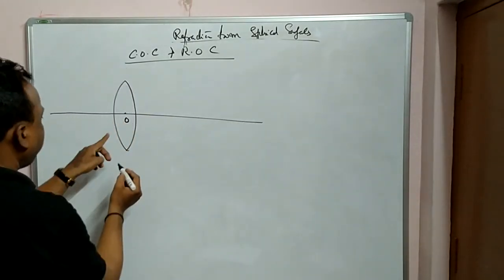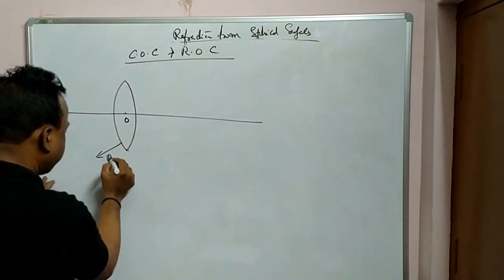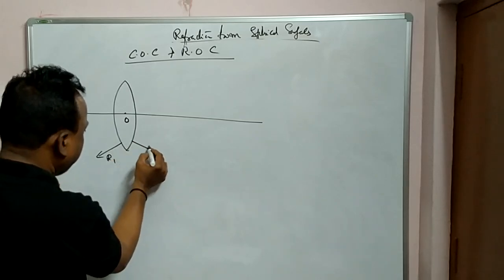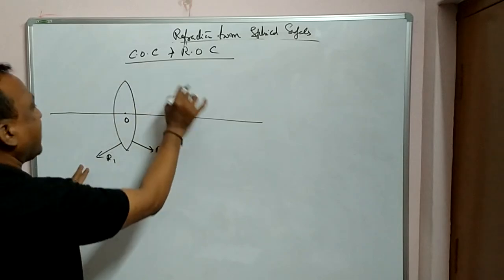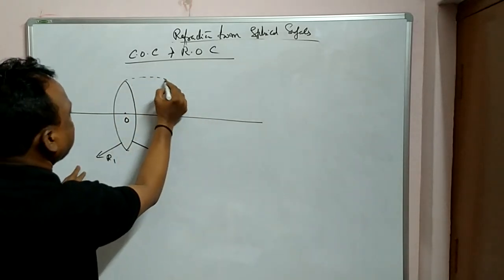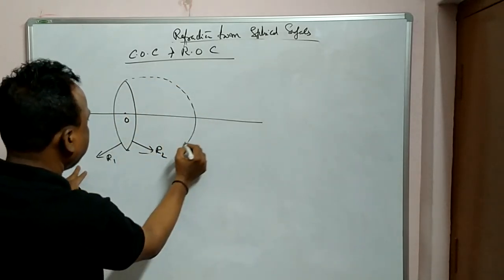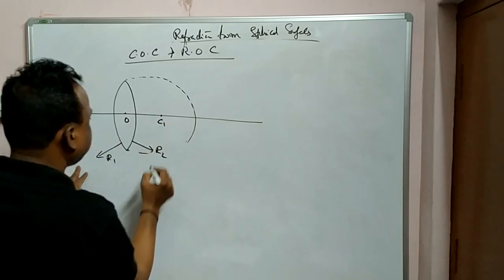Whichever is towards the incident light is called R1 and this is R2. If you observe this carefully, where is the sphere for this one? On this side. So its center will be on this side.